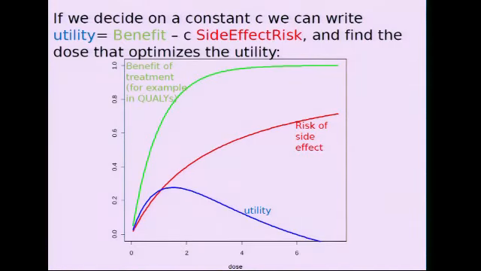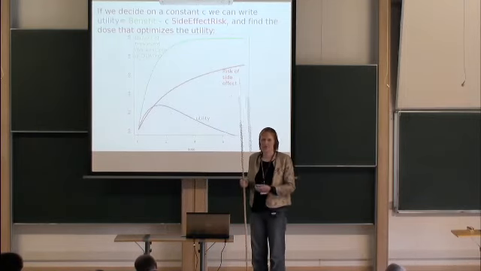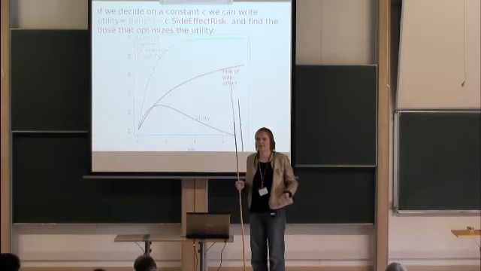It doesn't really matter how you formulate the utility function for this approach, but for the purpose of this talk, I've just assumed that it is additive, so that the clinician gives us some constant C that tells us how much penalty we get for a side effect measured in benefit units, and that the two are additive, so that the benefit is worth the same regardless of whether you get a side effect or not.